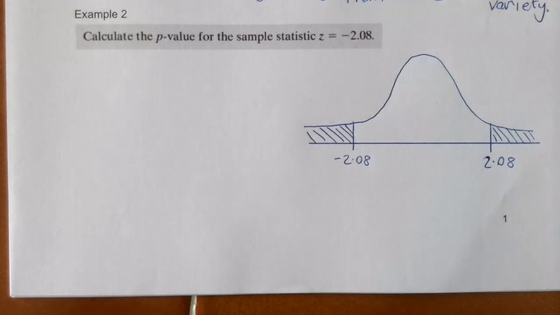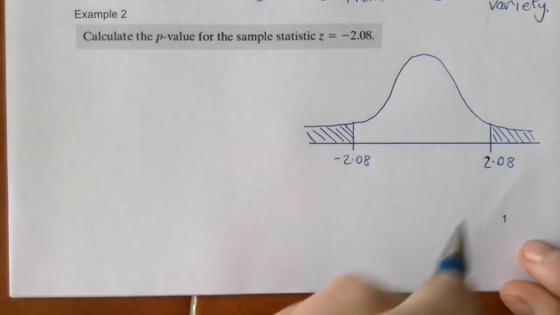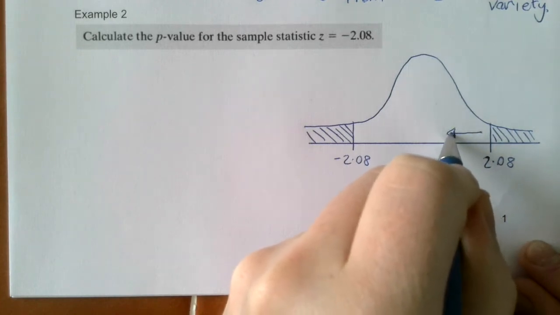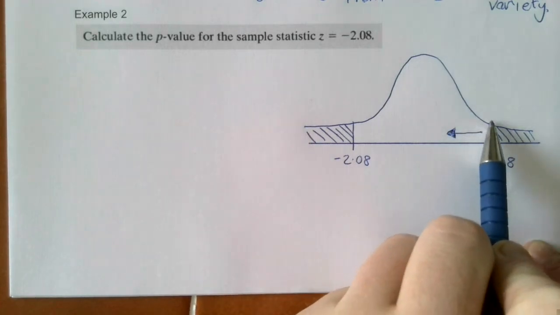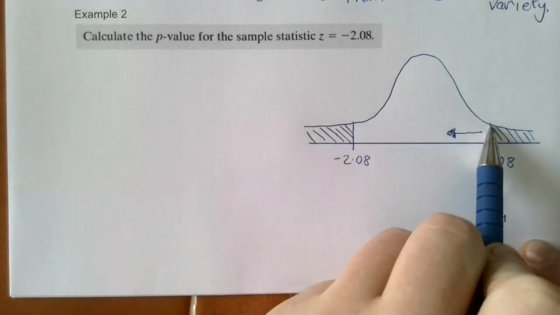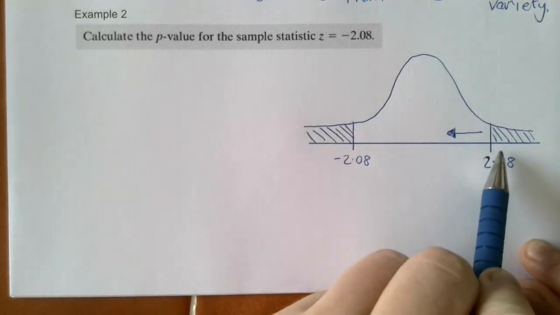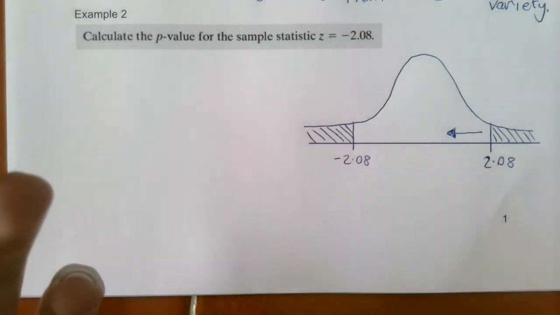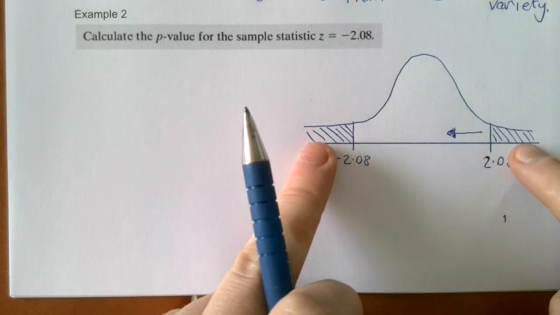First of all, using the log tables, we cannot find the value of minus 2.08. So we're going to have to find the value for 2.08, which will give us the probability for everything below that. Then if we take that away from 1, we'll be left with what's left up here. And then if we times that by 2, we'll get what's left on both sides. Since it's a normal distribution, both sides are going to be the same.